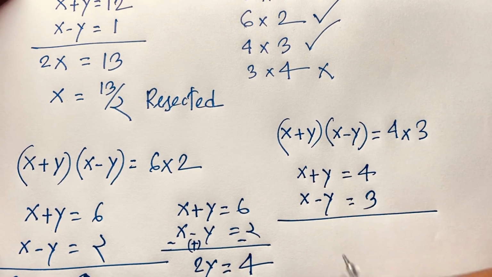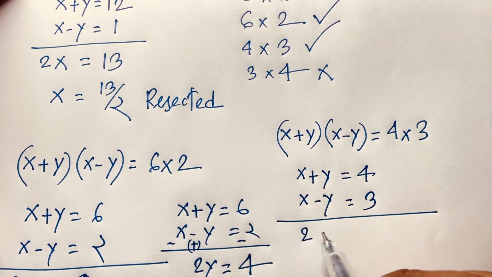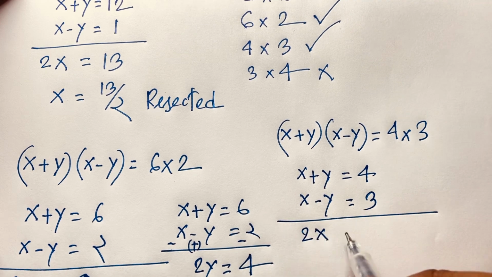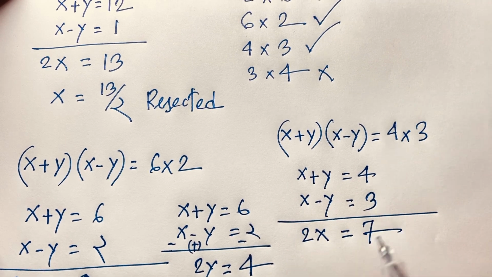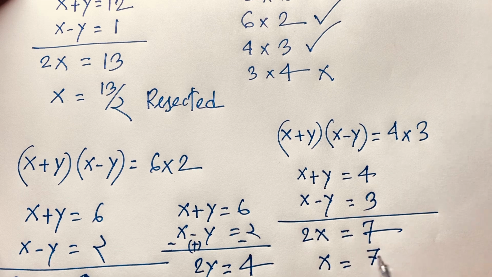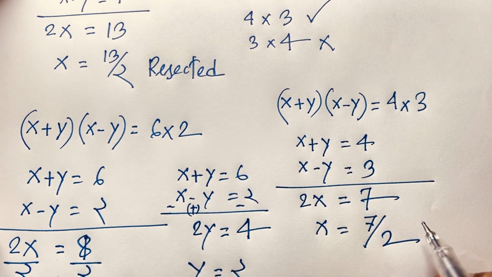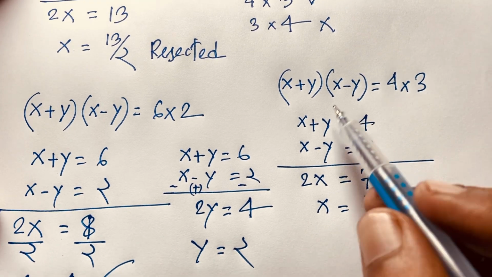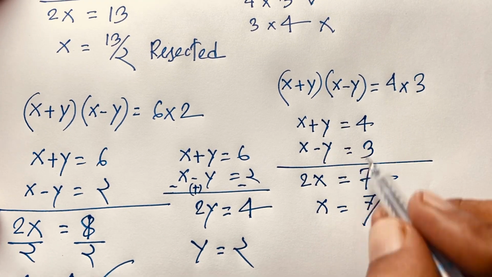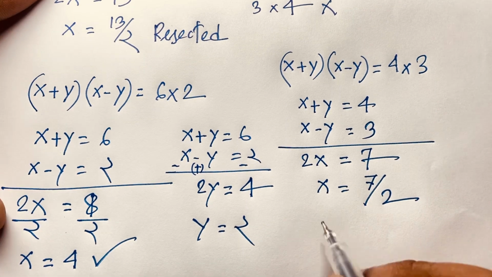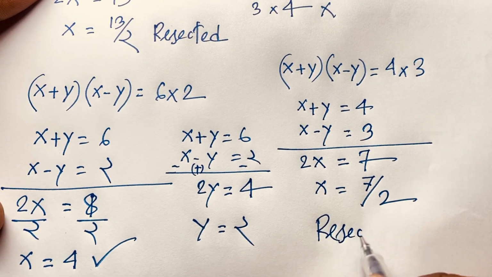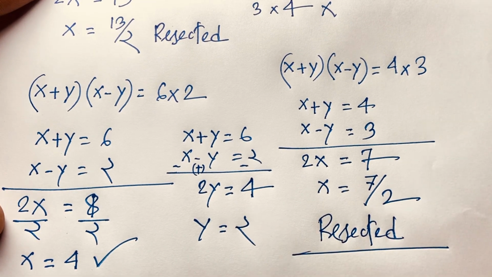Now at this point, if I add both equations, x plus x will be twice x, y cancels, it will be 7. Then x is equal to 7 over 2. Now here is a fraction, it is not a natural number, so it is rejected, and if you subtract both equations you also find a fraction, so it is rejected. It is not possible in this maths question.